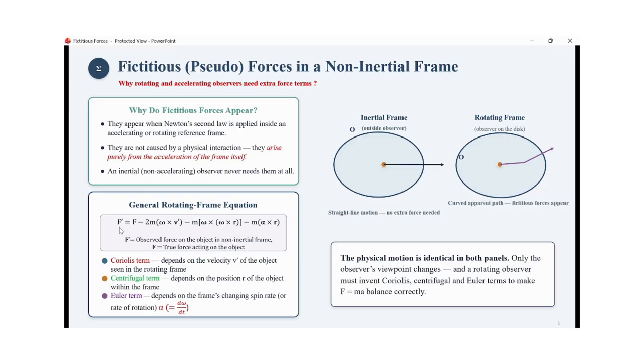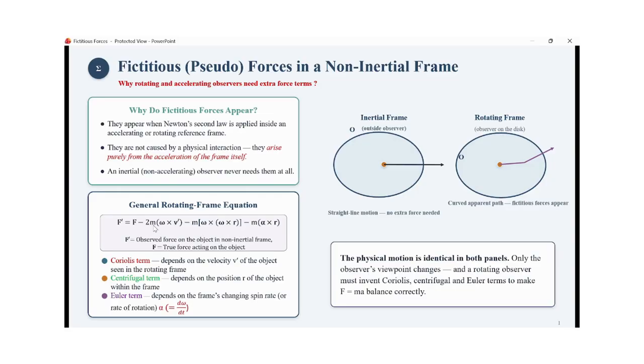Here I have shown the force equation for a rotating reference frame. Here F dash is the observed force on the object in the non-inertial frame under consideration, whereas F represents the actual or true force acting on the object.